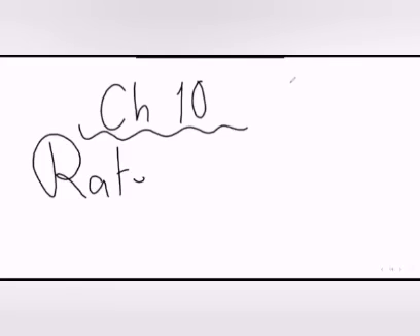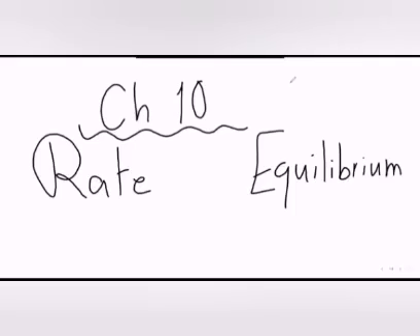Going to chapter 10, which is the rate of reaction and equilibrium. Rate is affected by 6 factors. Now, factors affecting rate of a reaction are temperature, pressure, a catalyst, surface area, concentration, light.